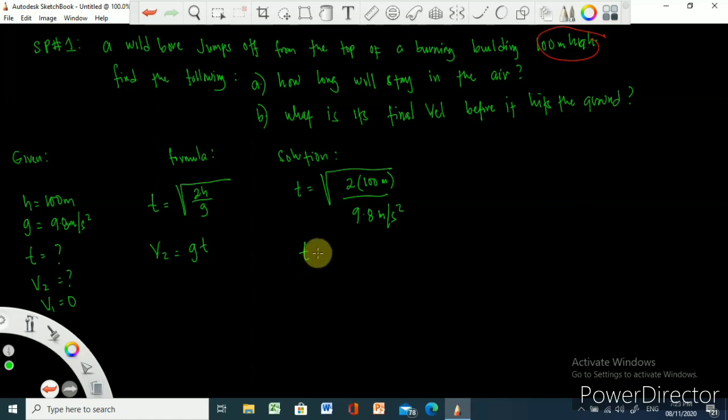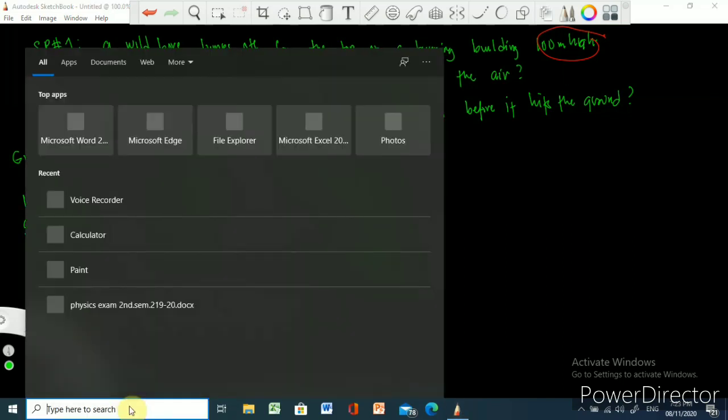So t is equal to the square root of 2 times 100, which is 200, divided by 9.8. And what's the answer? So, calculator.